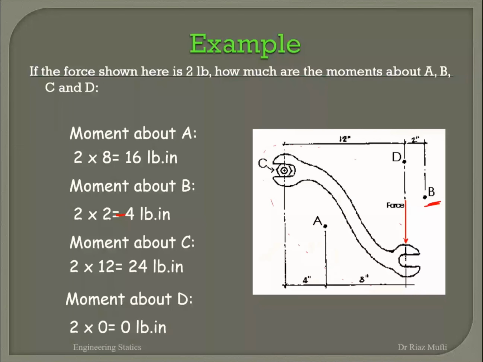Yes. So A should be negative, and you're saying C should be negative. What about B? Sir, B is anti-clockwise, so B won't be. But okay, that's fine. So let's move on.